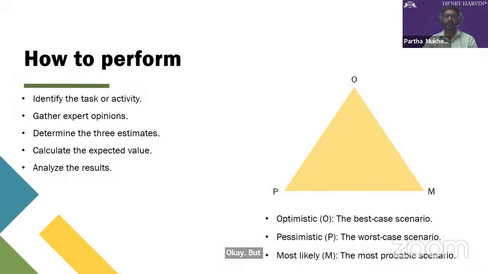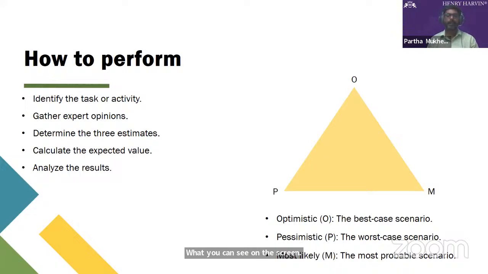In 3-point estimating, three estimates are prepared for an activity: the optimistic estimate, denoted by capital O, the most likely estimate, denoted by capital M, and the pessimistic estimate, denoted by capital P, as you can see on the screen.